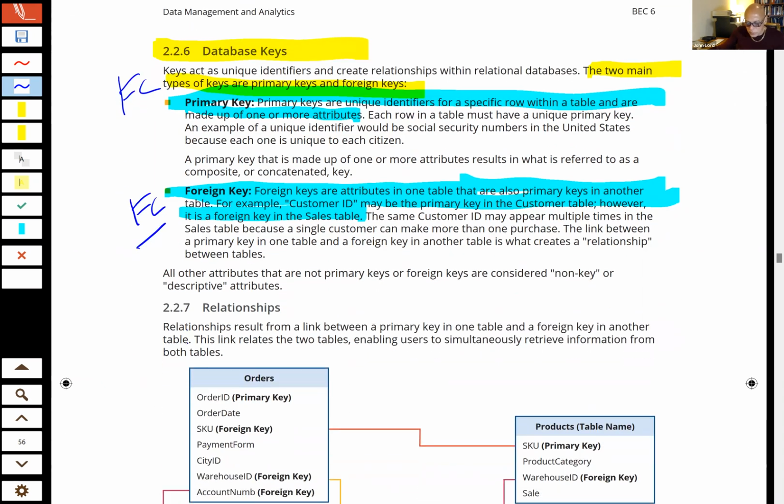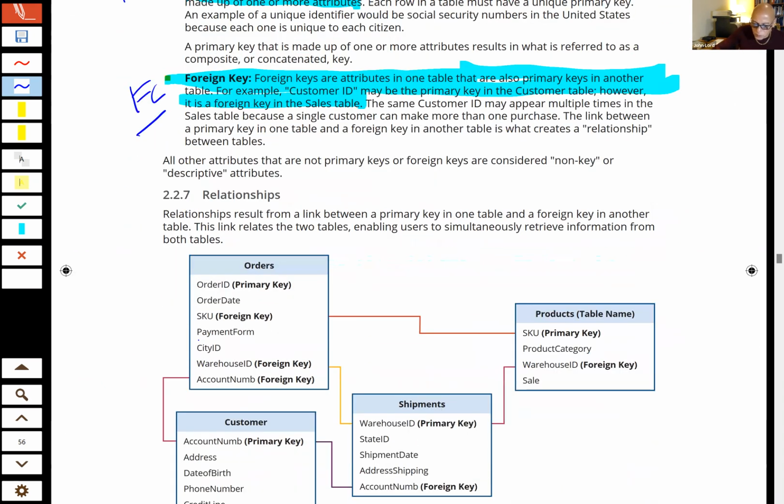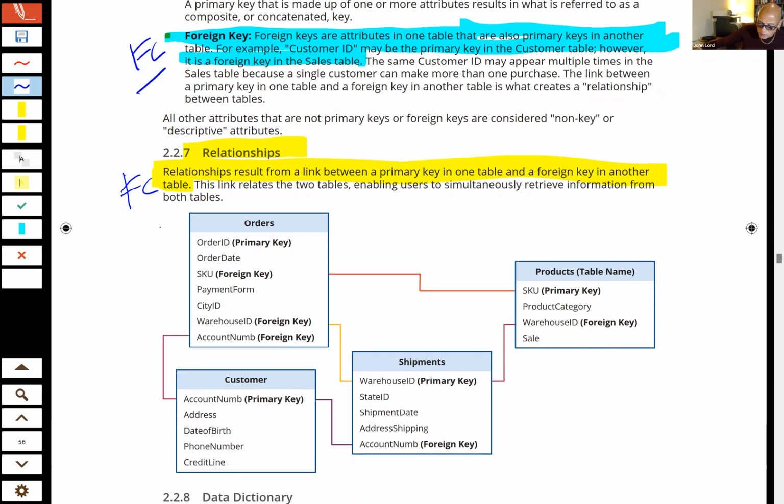Now, when we look at relationships, okay, a relationship results from a link between a primary key in one table and a foreign key in another table. That's what we mean by relationships. So you can see that we have what? In our customer table, I should say, the account number is a primary key, but in the what?